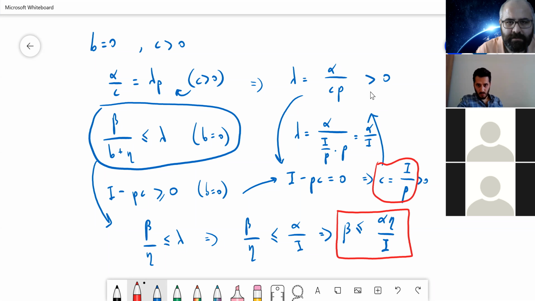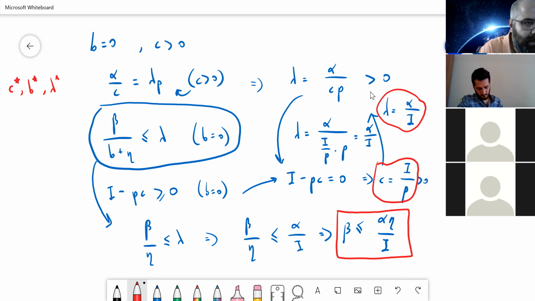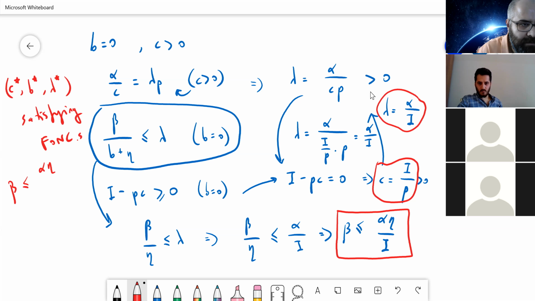So lambda is alpha divided by I. Okay, and you found C star, B star, lambda star that satisfy your first order conditions, under the additional constraint that beta is less than alpha eta divided by I.